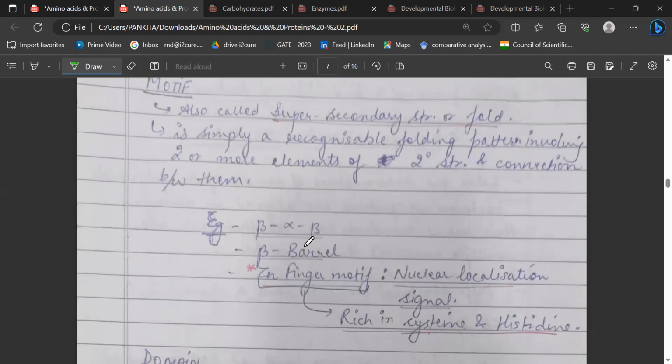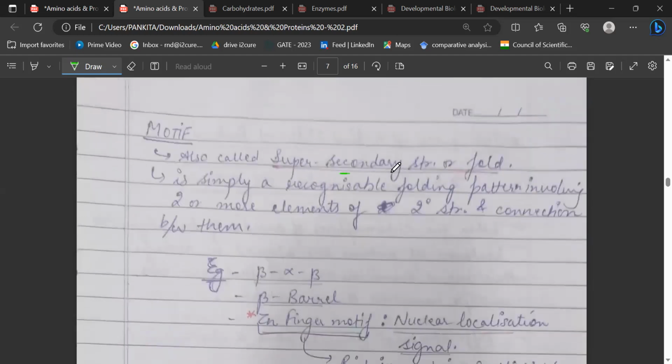Next, a motif is also called a super secondary structure or a super secondary fold. It's basically a recognizable folding pattern which involves two or more elements of the secondary structure.